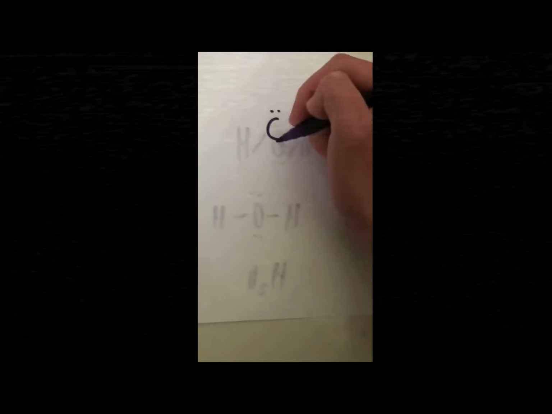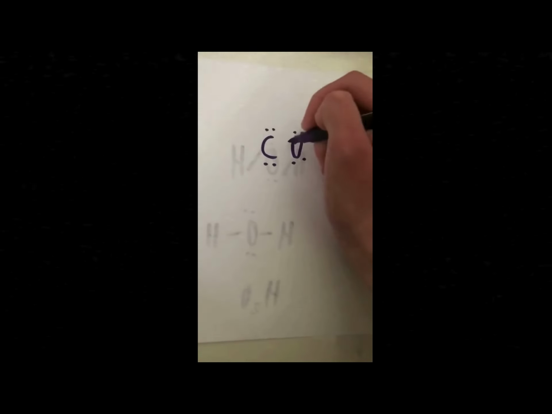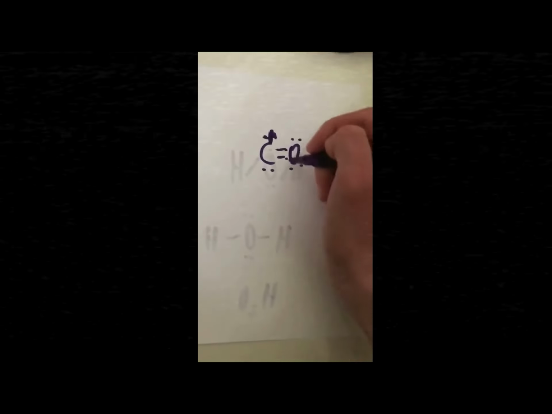You start with the less electronegative element, so we have carbon, and that has 4 valence electrons. So we need 4 more. So we take an oxygen, which has 6. We do bonds and cross those out. We have to do double bonds here, but that still doesn't have a full shell.